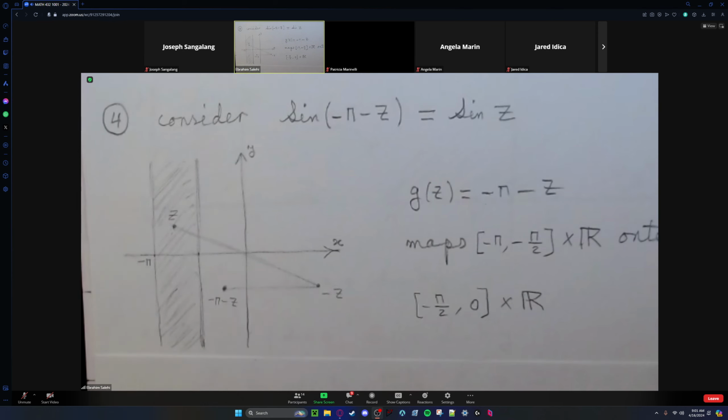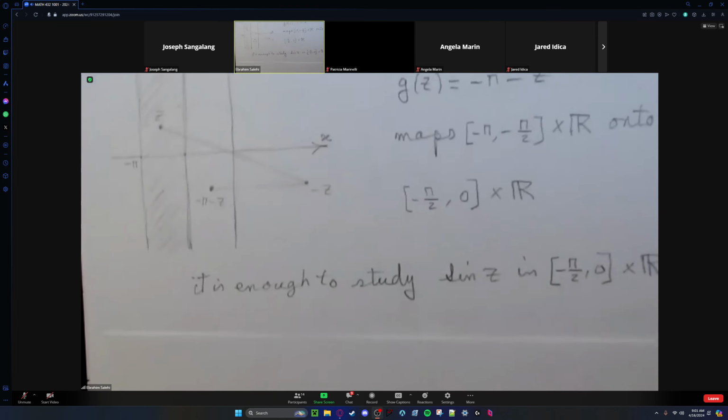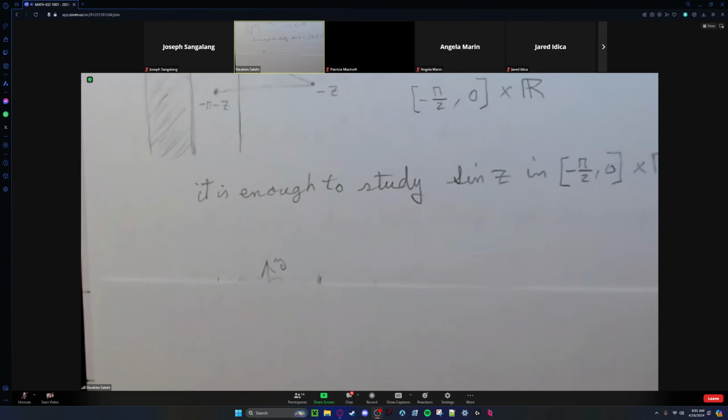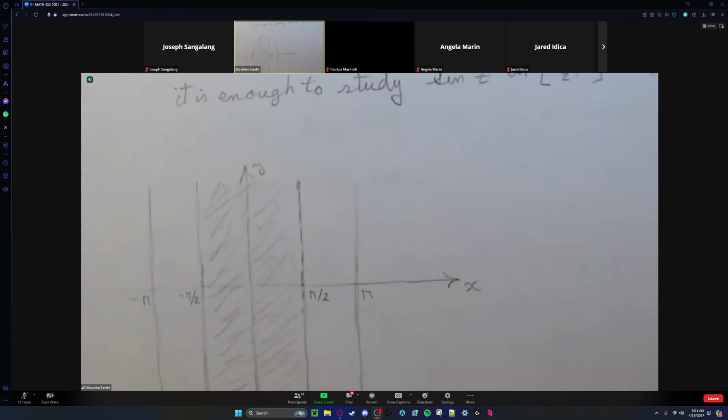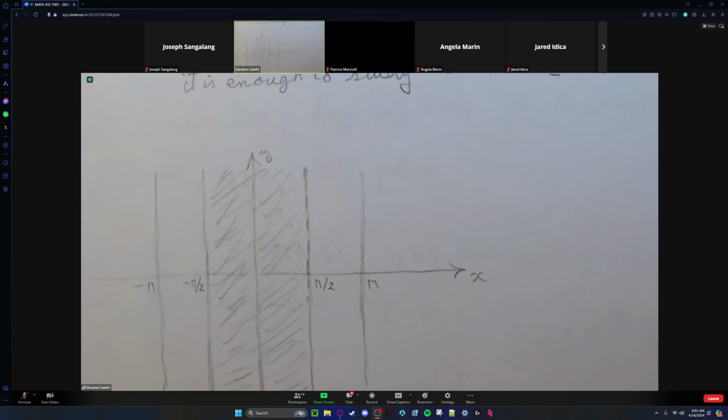All right? Now, putting these two together, that means it is enough to study sine z as a mapping when x is between negative pi over 2 and pi over 2.